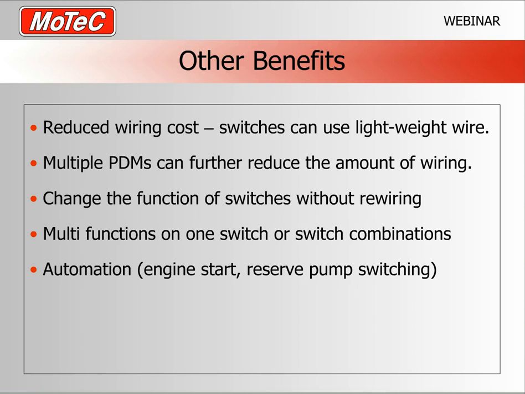The other benefit is we can actually reuse switches for different functions without having to rewire the whole vehicle. We simply redesignate what that switch function is, or we combine it in a different way in our logic setup. We can also use one switch to perform multiple functions. The simplest example of this is a press button.